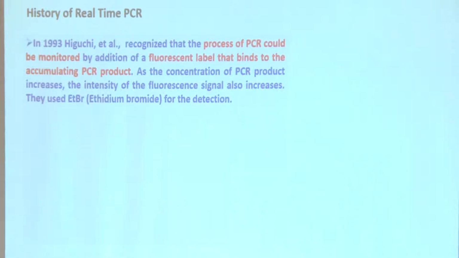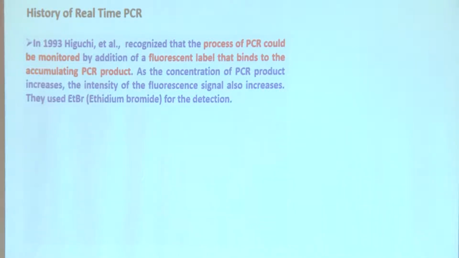We all know that in PCR the nucleic acid is amplified, right. So, you wait for a couple of hours. The machine will tell you all cycles are completed. Now, you open the machine and take out your product, and you wait for another 2 or 3 hours to know whether the amplification was successful or not.